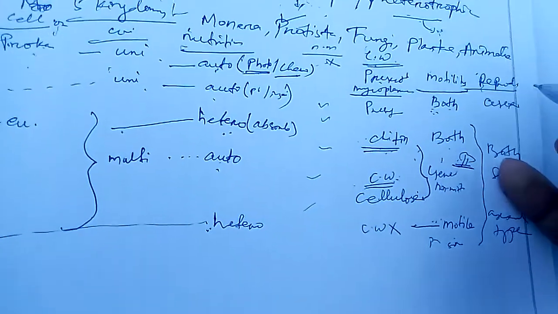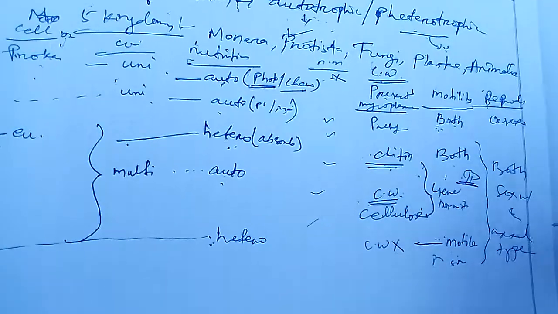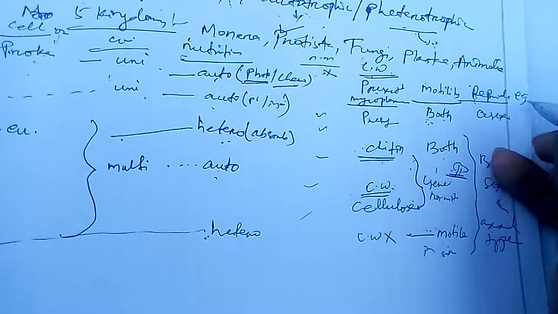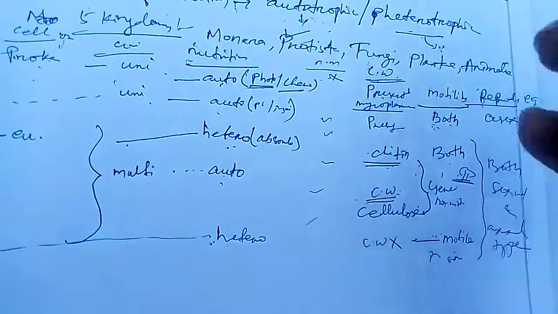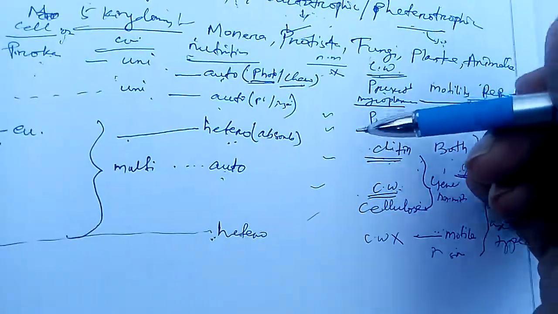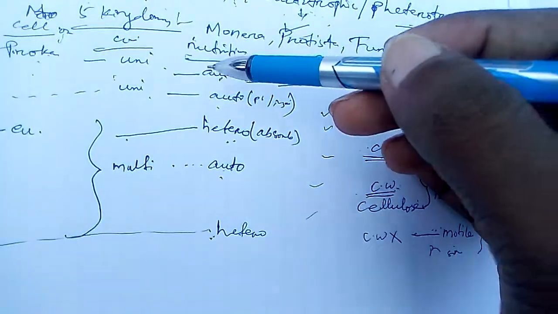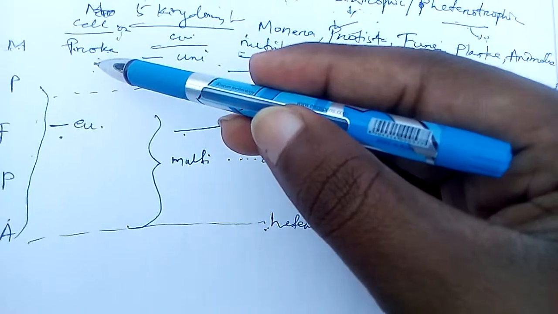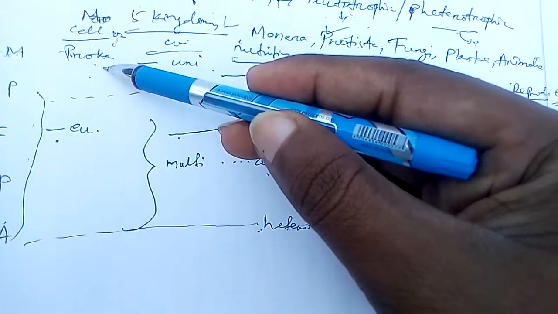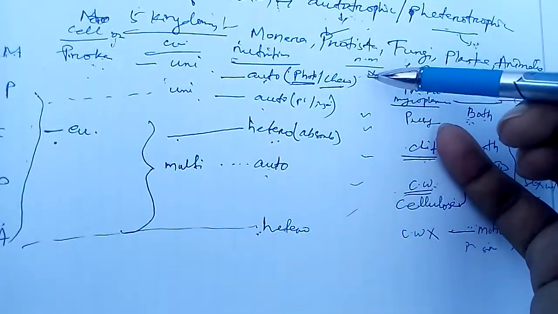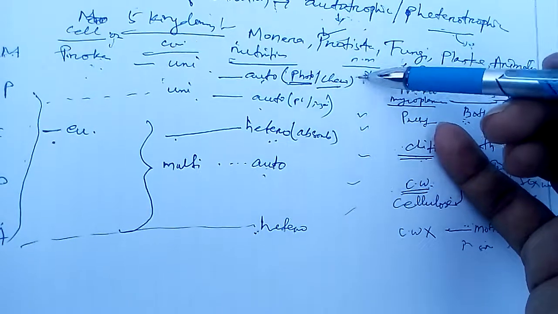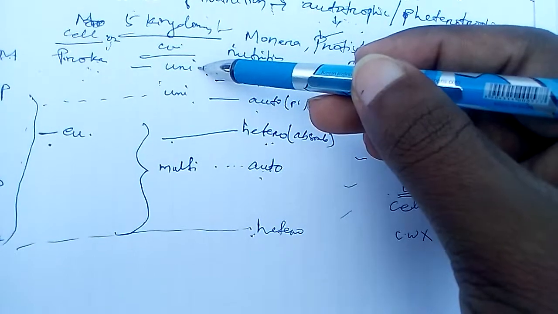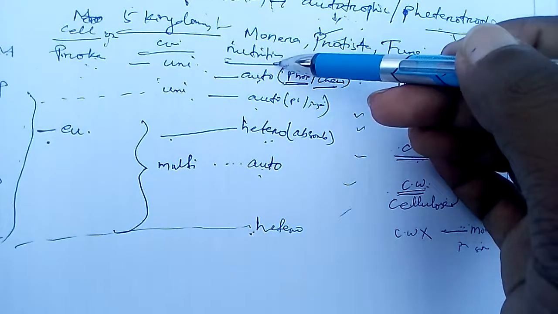Then there is a shortage of space. If we write examples, then these will be other characters. If the exam asks you to write 5 characters of Monera, you can write: all Monera are prokaryotes in nature, that means they do not have a nuclear membrane around their nucleus. They are generally unicellular organisms. Their mode of nutrition is autotrophic.